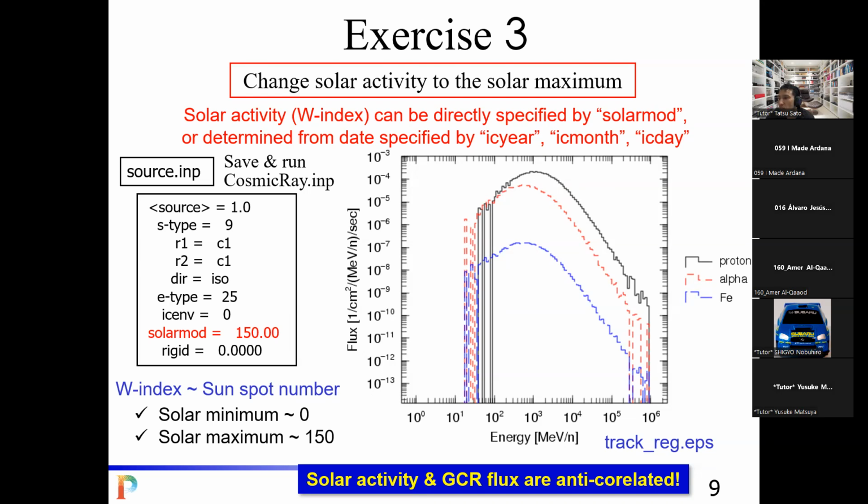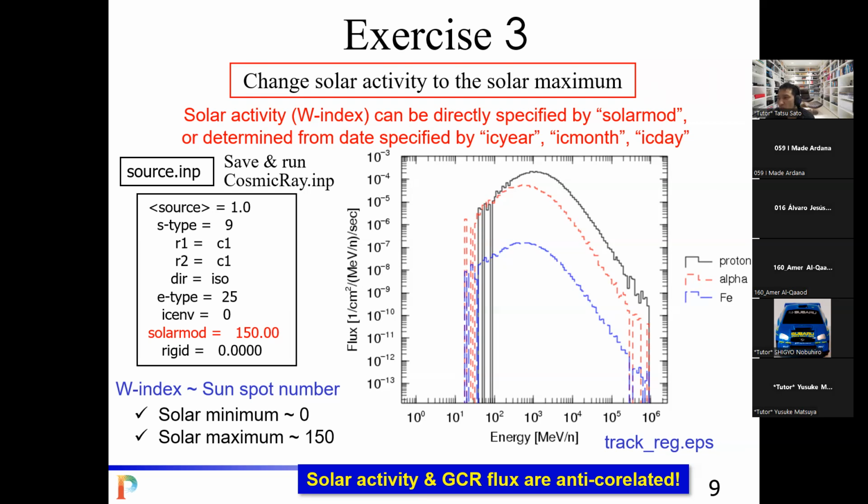And from the neutron monitor count rate, we estimate the W index. But the absolute value of the W index is adjusted to resemble the sunspot number. So that's why these two quantities look correlated. But the evaluation method is completely different.